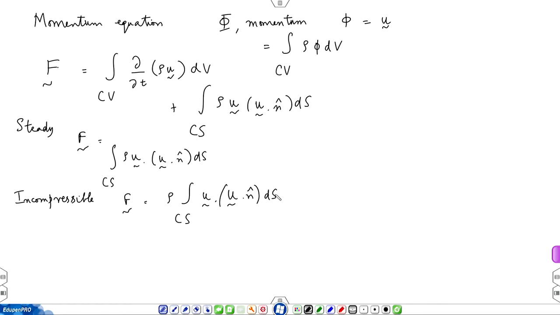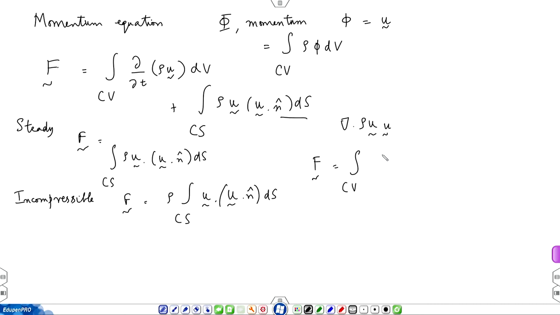If you remember, for mass balance we had converted the surface integral into a volume integral. So, here also you can write it as del dot rho u u, and then this entire right hand side will be F equal to integral over CV.